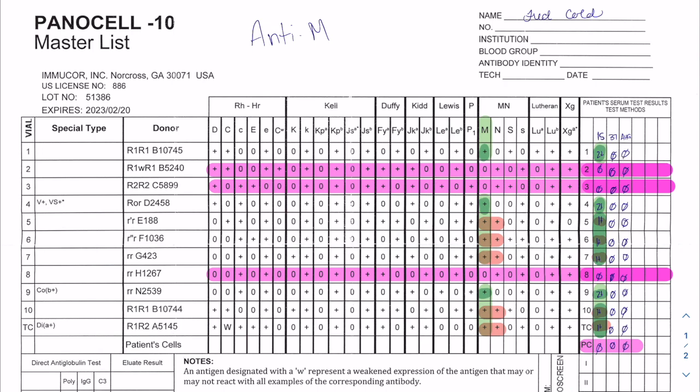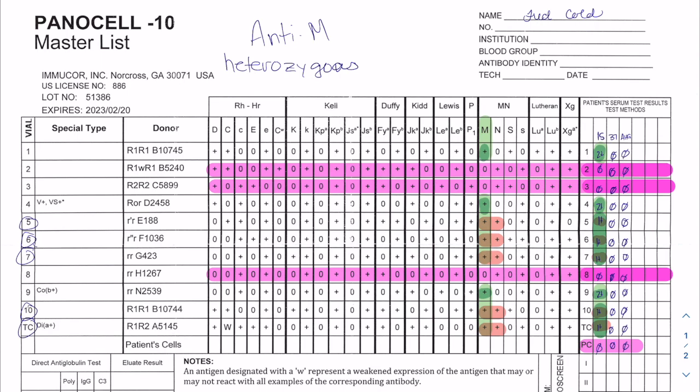And then we'll review. So here we're going to label our heterozygous cells. Our heterozygous cells are down here at 5, 6, 7, 10, and then the TC.